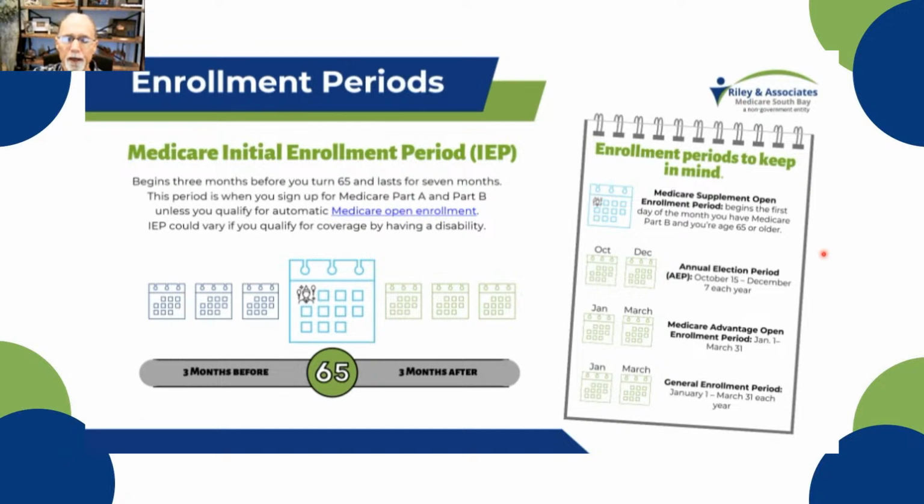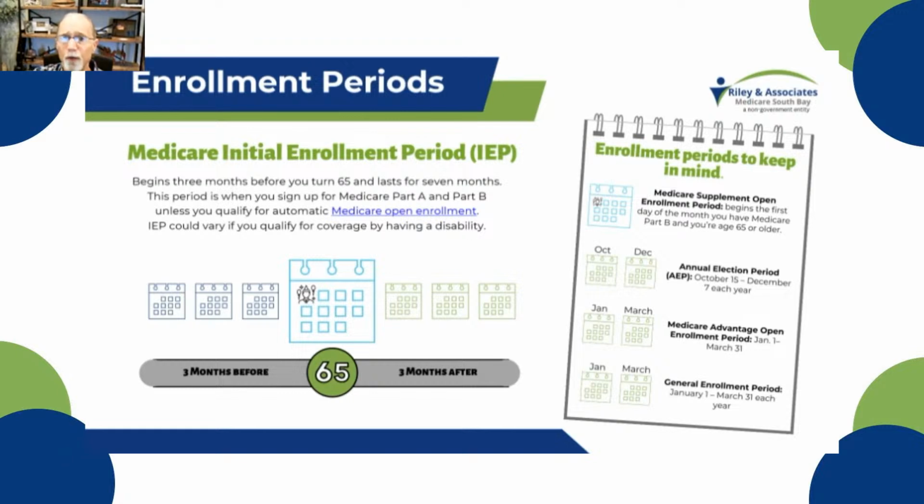The next enrollment period that you want to understand is here. This is called your annual enrollment period, and that's for everyone. This runs October 15th through December 7th of each year. And that's just basically a time where we'll do a checkup with you to make sure that, if you've got doctor changes or medication changes, your current plan still is sufficient and covers those things.